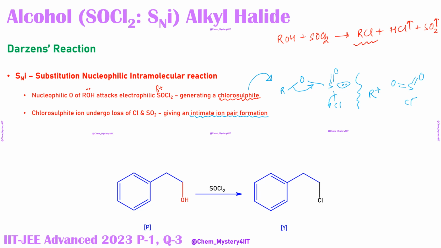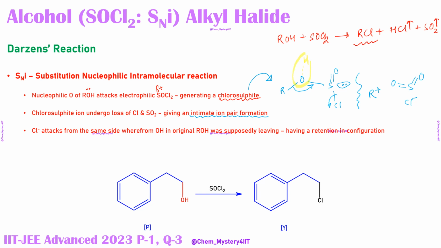Here is the catch: from whichever side OH was supposed to be leaving, and where is the OH actually in the first place in this reaction? Hydrogen has been lost from here in the previous step. So this was the side from which OH was leaving, from our substrate, from our alcohol.